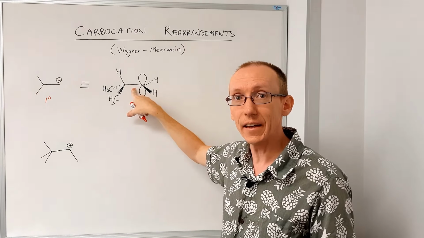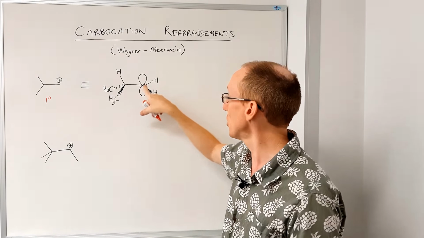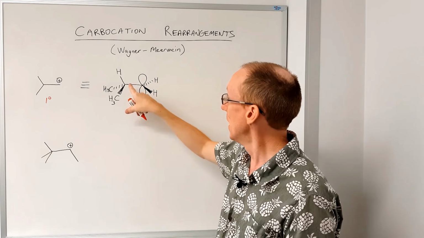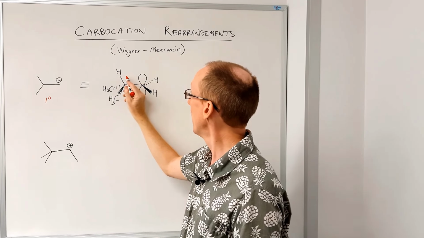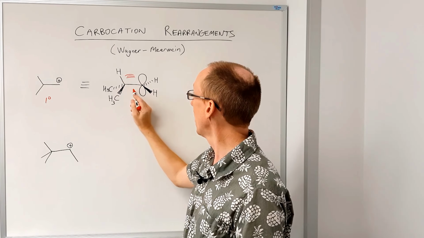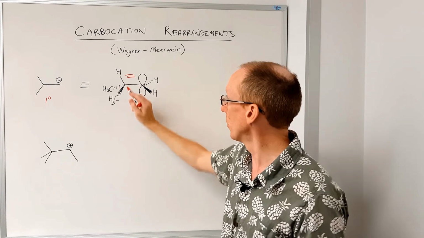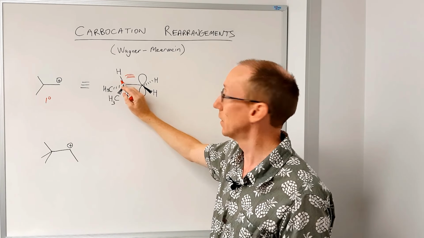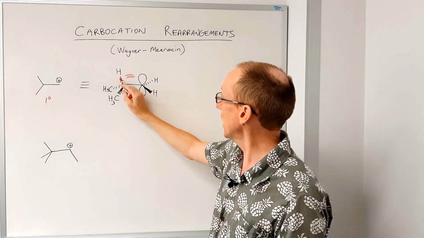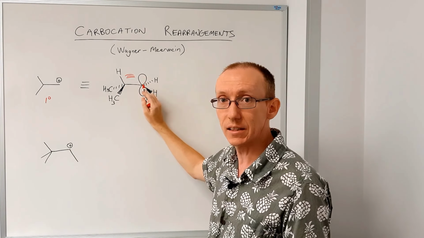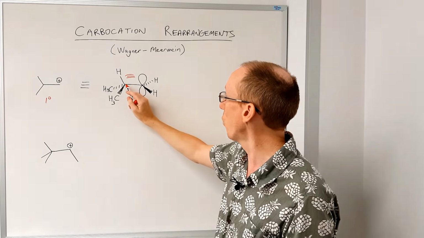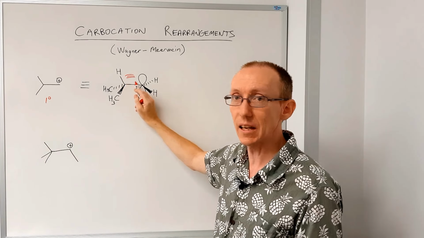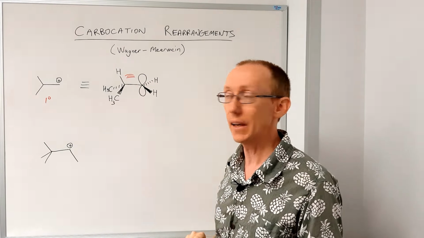So this is an equivalent sign. This is drawing out that carbocation in a different way, showing the vacant p orbital and showing how we can stabilize that vacant p orbital with overlap with the sigma orbital of this CH bond. So that CH bond is helping to stabilize that carbocation, but it's still not very stable because it's primary. There's only one group here that's able to stabilize that carbocation.